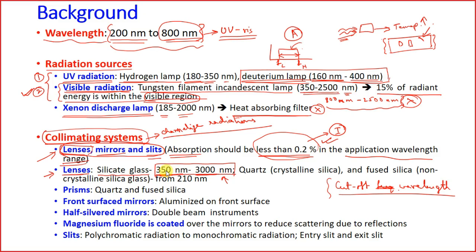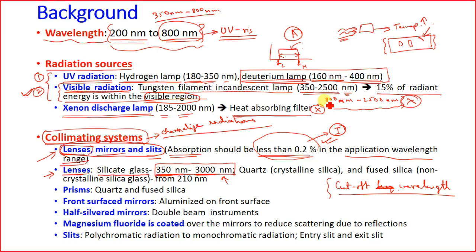There are various spectrophotometers which are developed only for the visible region, and they are regarded as visible spectrophotometers. When you talk about a visible spectrophotometer, we basically work in the region of 350 nanometer to 800 nanometer, which is the visible range.